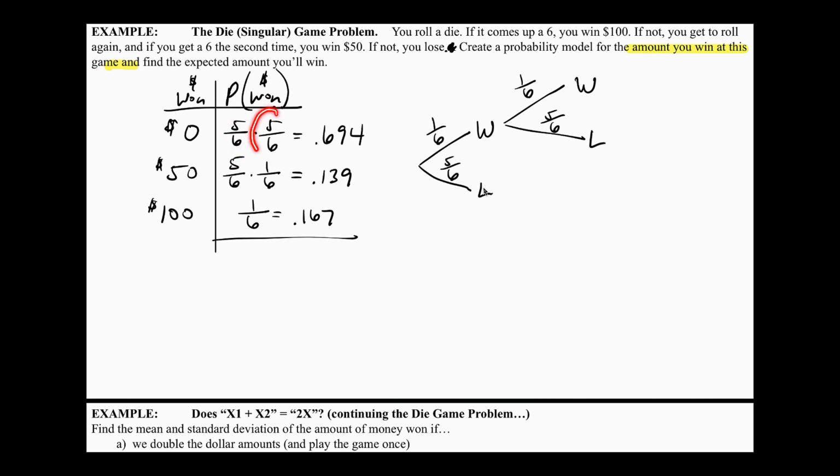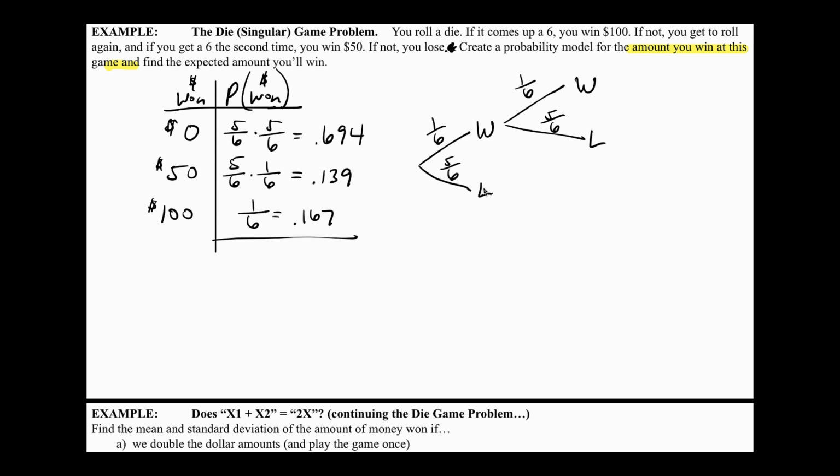Same thing over here. Multiply them together, you get 25 out of 36. 25 out of 36 as a decimal is right here. To win $50, you have to strike out on the first one, so the 5 out of 6 on that, and then on the second one, you have to hit the 6. Multiply, you get 5 out of 36, which is 0.139.